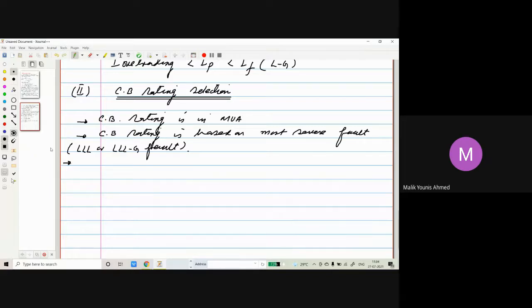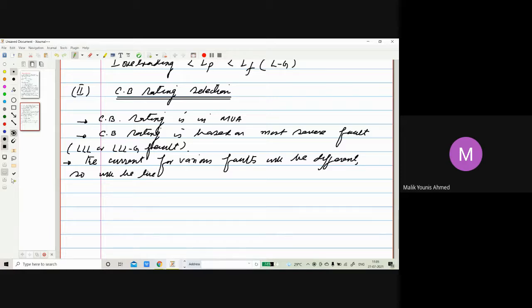The reason for selection is the current for various faults will be different. That we know already. We'll see that in coming lectures. So will be the power in terms of MVA now.